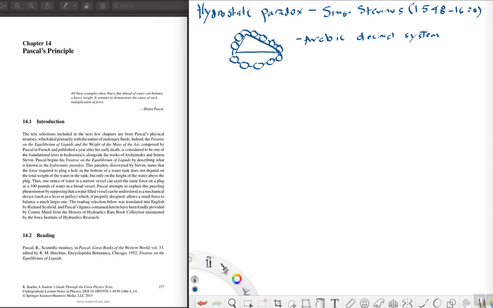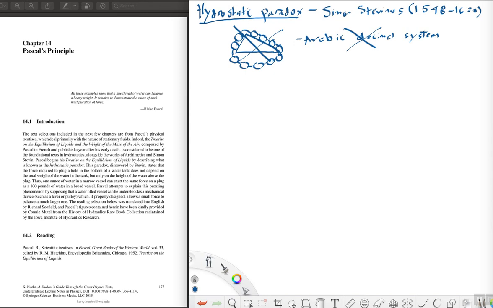Well, that's not a coincidence. The decimal system was not really introduced into Europe until the time of Stevinus. Stevinus was roughly contemporary with Galileo, and so after the work of Stevinus, the European scholars began using the decimal system. So we're not going to be talking about the epitaph of Stevinus today, and we're not going to be talking about the decimal system directly, but we are going to be talking about the hydrostatic paradox.